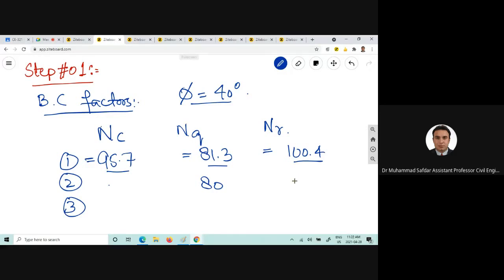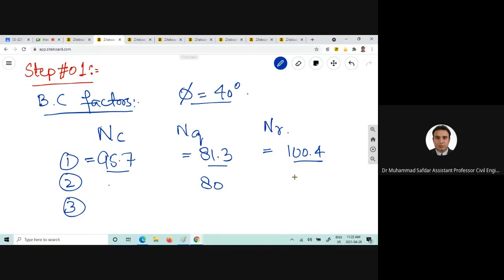Please kindly take the calculator in your hand and do the necessary calculation, and please give me the values for NC, NQ, and N gamma using the figure for Terzaghi's bearing capacity equation.